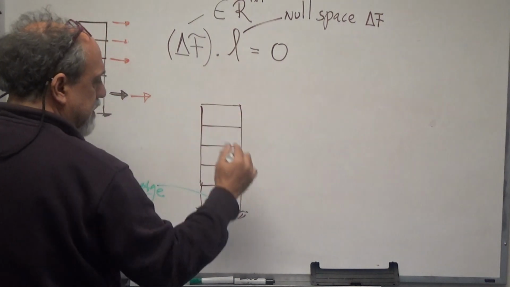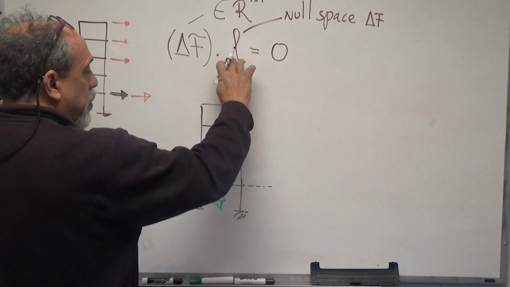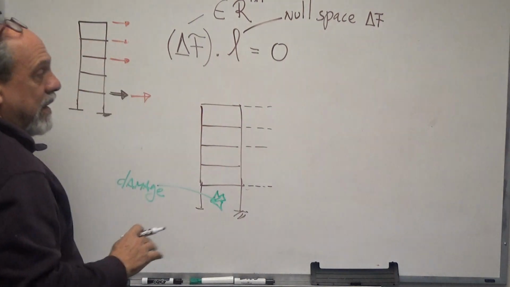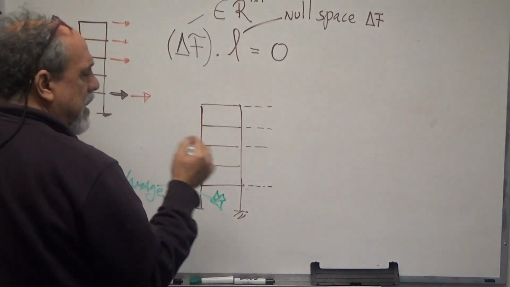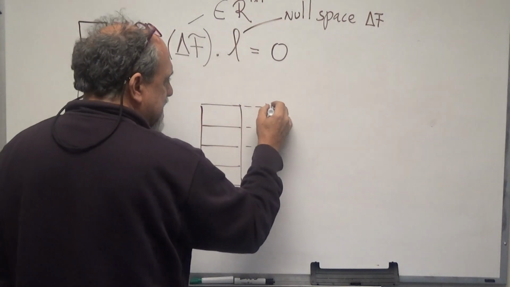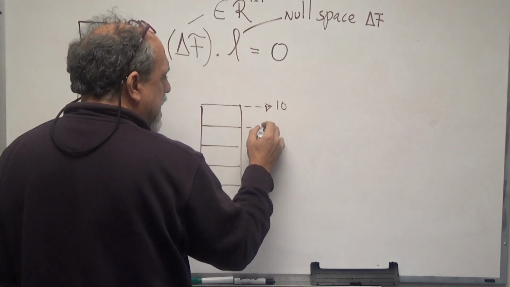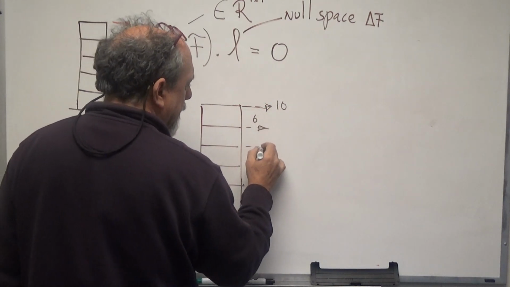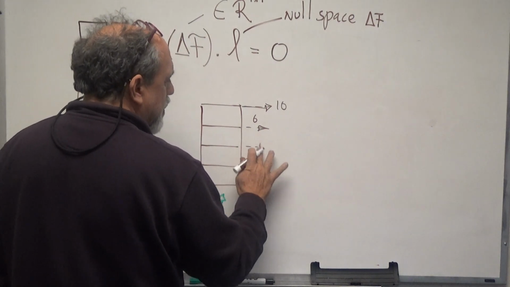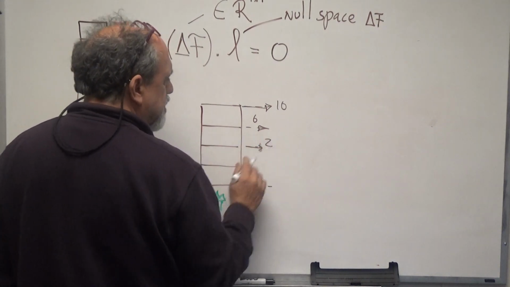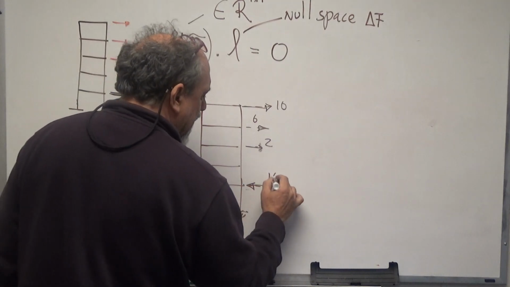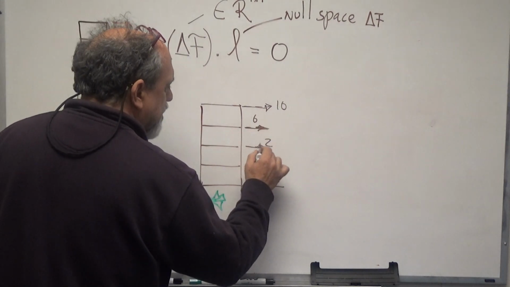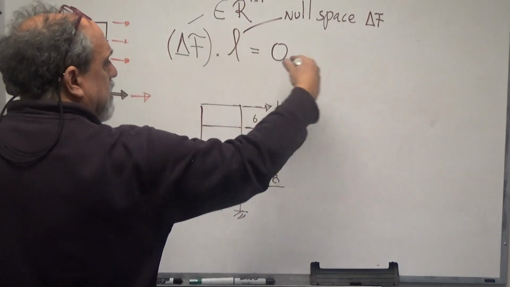The vector L is going to have values which are to be interpreted as being loads here. It has 4 numbers, right? Now, I don't know what it is, it depends on the numbers, but let's say it proved to be 10, 6, 2, 18, for example.